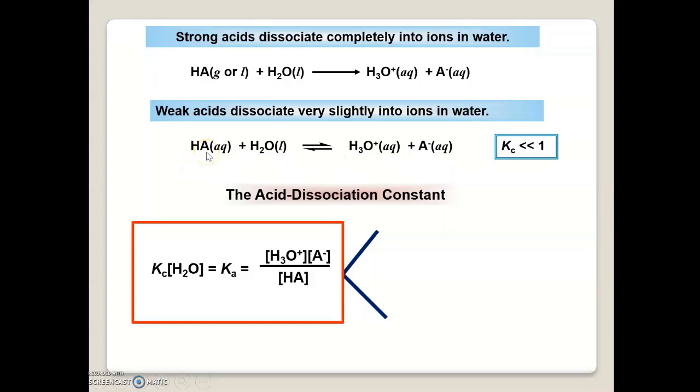When we write the Kc expression of this reaction, Kc is equal to the concentration of H3O+ multiplied by the concentration of A- over the concentration of HA. No H2O appears in our Kc expression because H2O is a liquid. So this is the Kc, or to be specific, the acid dissociation constant, which we call Ka.